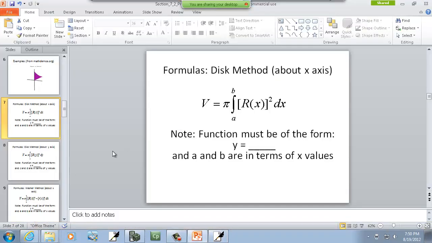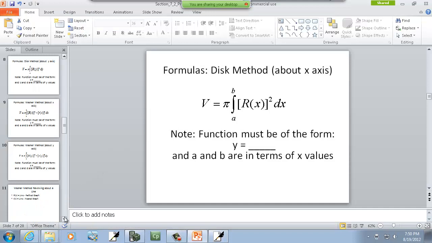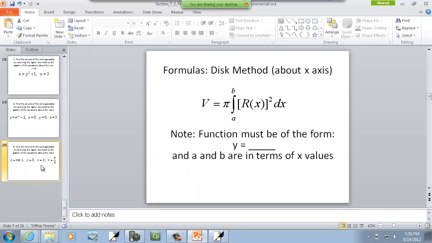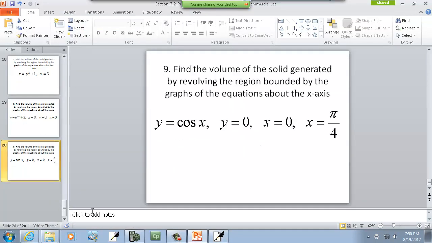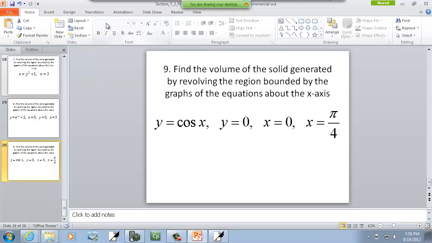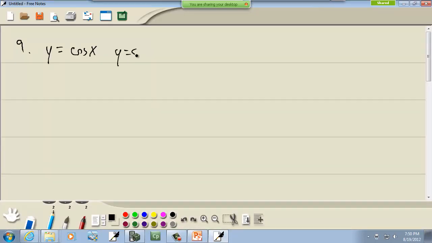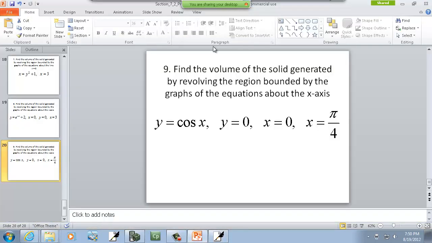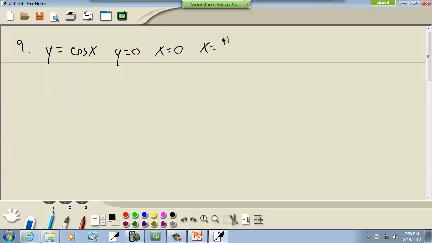Last problem. Okay. Number 9. You got y is equal to cosine x, y is equal to 0, x is equal to 0, and x is equal to pi over 4.